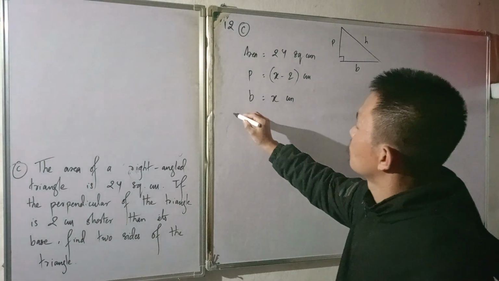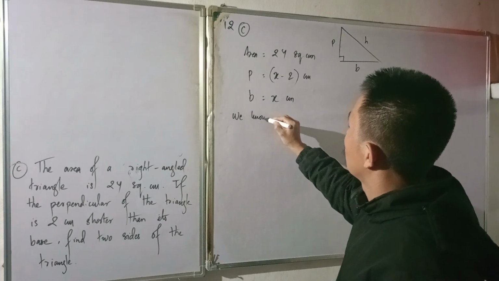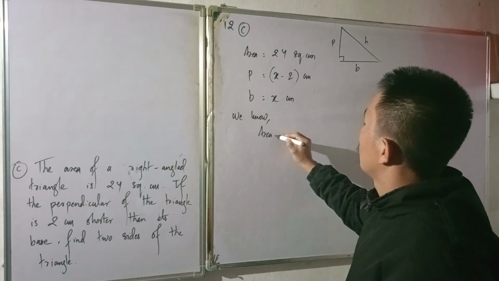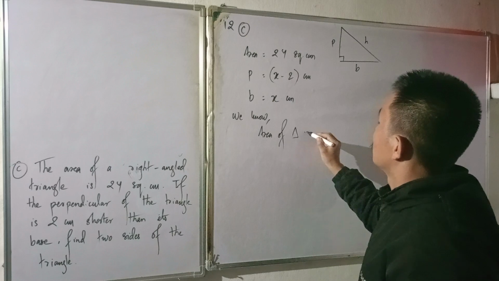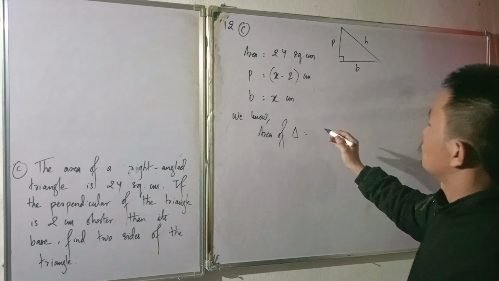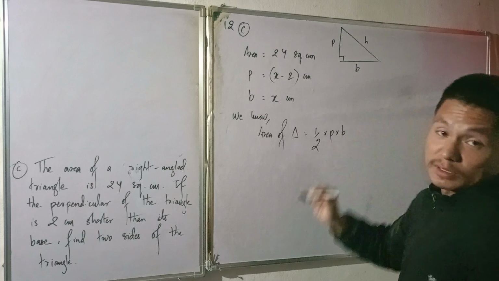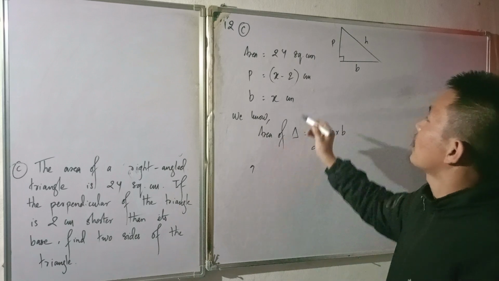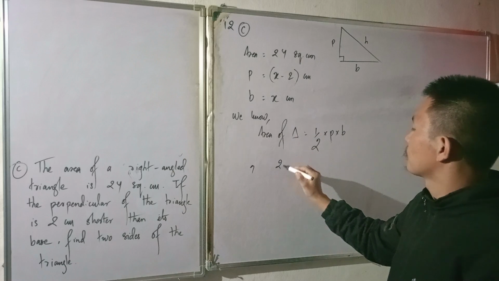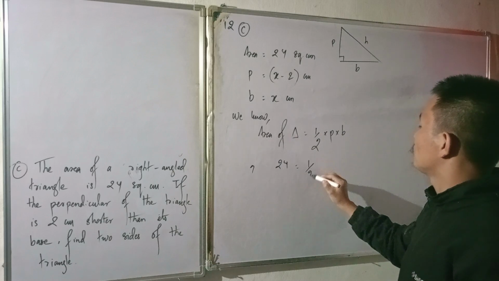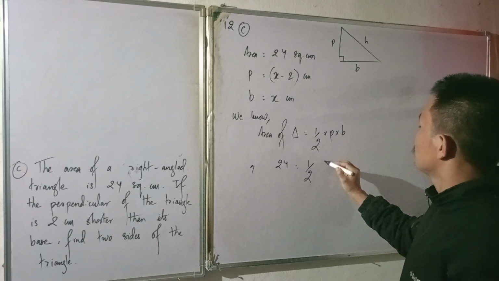We know the area of a triangle is equal to 1 by 2 perpendicular into base. This is the formula. Now the area of the triangle we have already been given as 24. Replace the value: 1 by 2 perpendicular into base.